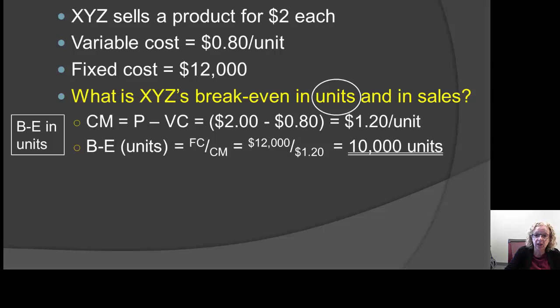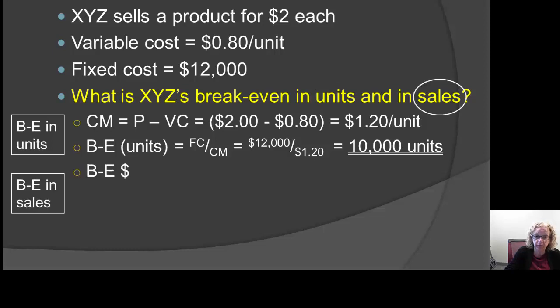Now, what if we want break-even in sales revenue? In that case, we have a couple of ways that we can approach the problem. One way is to take the 10,000 units and multiply it by the $2 per unit selling price.